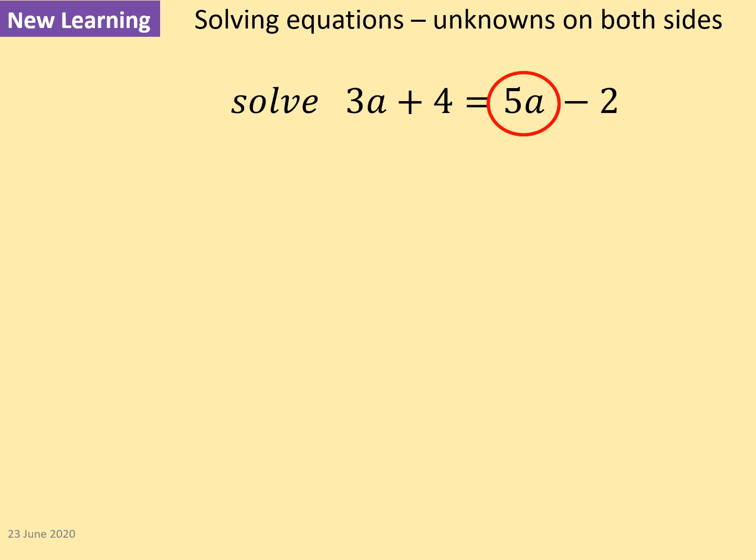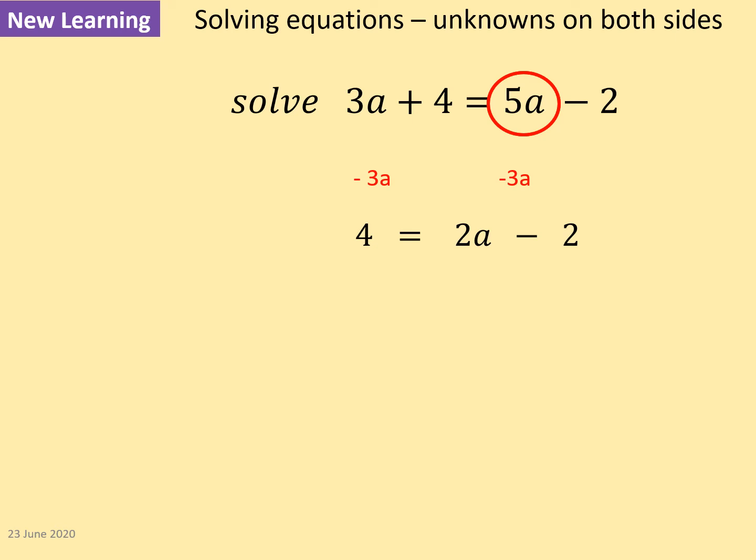Now, to get rid of 3a, all I have to do is take away 3a. This would then leave me 4 on the left-hand side, equaling 2a minus 2. I now need to get rid of the minus 2 on the right-hand side so that I have isolated the 2a.